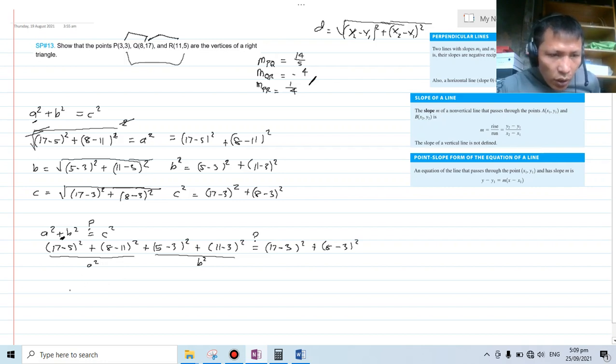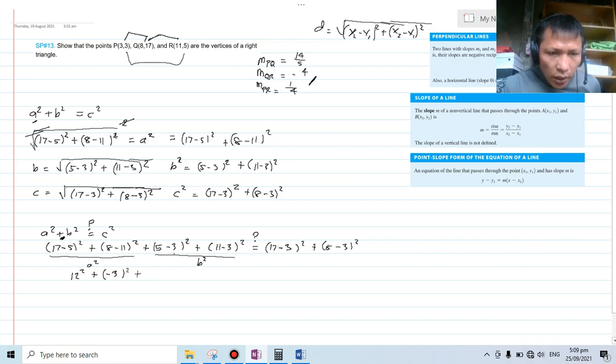17 minus 5 gives us 12, so that is 12 squared. 8 minus 11 gives us negative 3, so negative 3 squared.